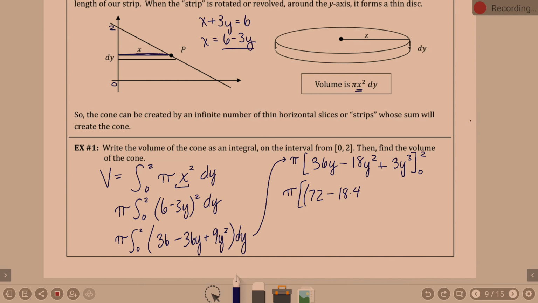What is 18 times 4? Is this the calculator? I don't know. It's easy enough to do without a calculator. It's much easier to do. That's all going to be 0, isn't it?